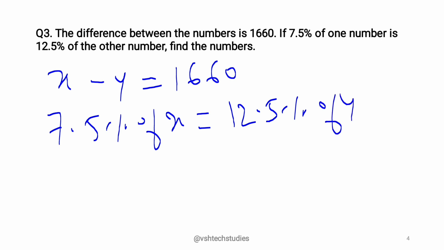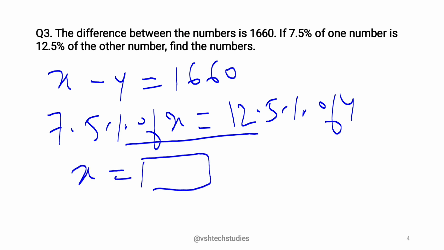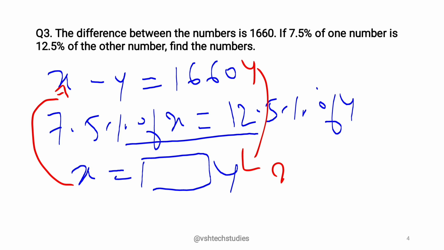Now using this relation, we'll have to find x equal to what of y. Then if you substitute this x value in terms of y here and simplify, we will get y. Then again substituting y in this equation, we will get x. Hence we can get x equal to how much, y equal to how much, right?